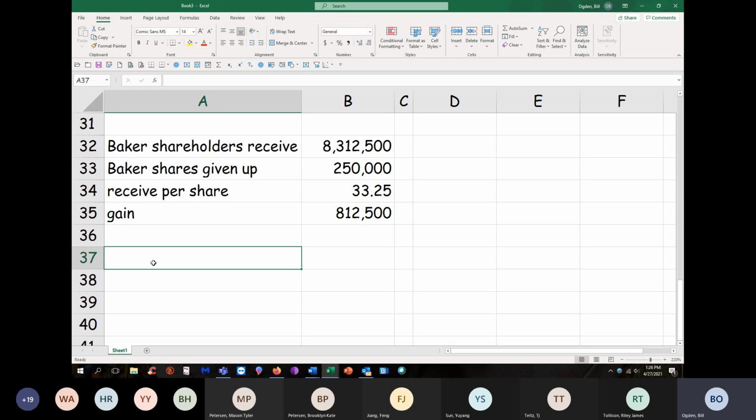So don't make this offer if we're going to lose anything. All right. So the directors get together and they say, well, we're going to keep our share price at $45 per share. So we will not do this unless we can keep our share price at $45. So let's see what happens.